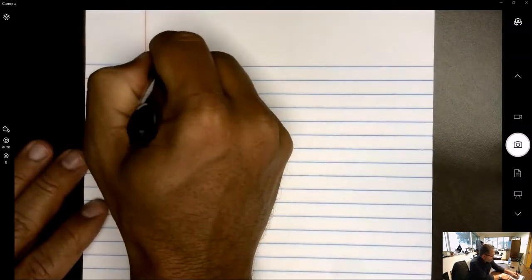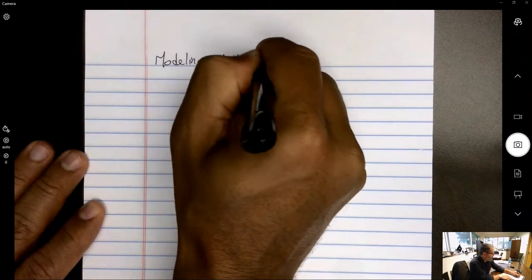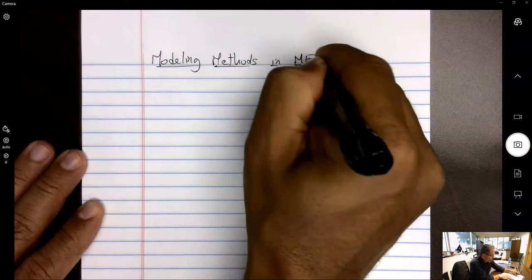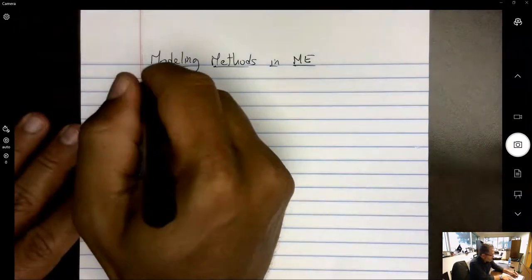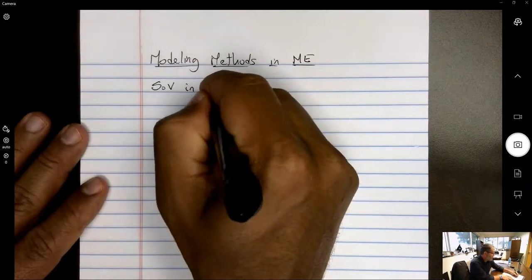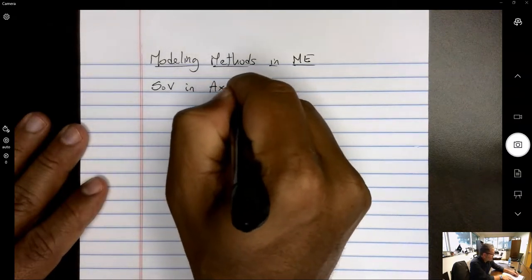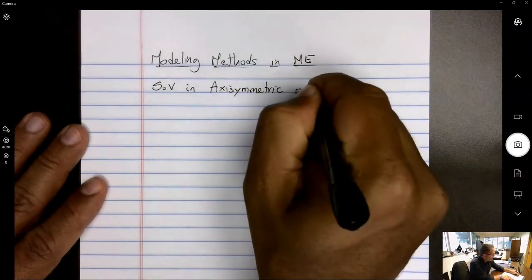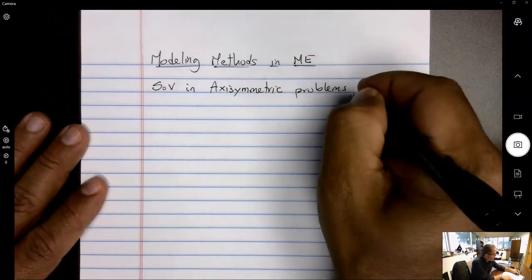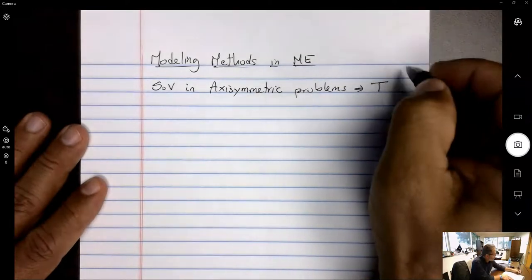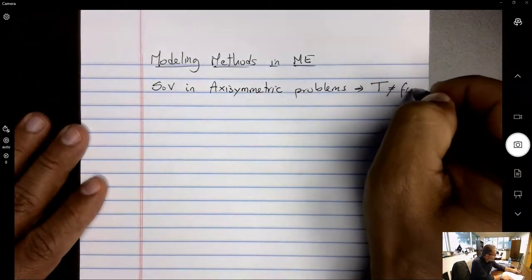So this is modeling methods in ME, and we are looking now at separation of variables in axisymmetric problems, essentially where the temperature or whatever field variable we're solving for is not a function of theta.